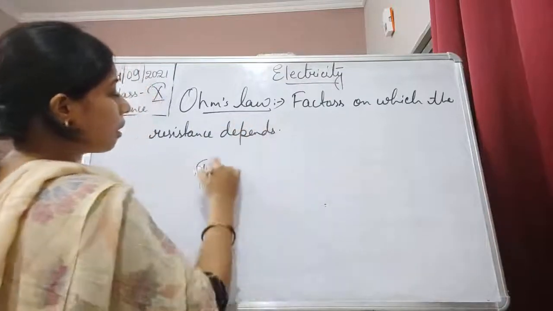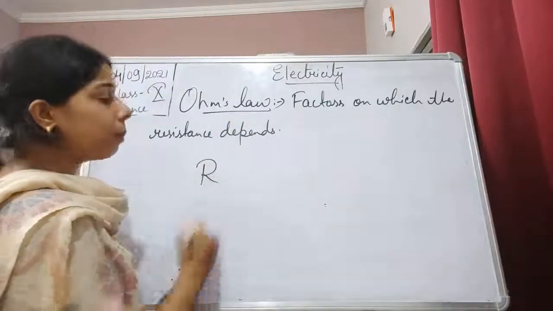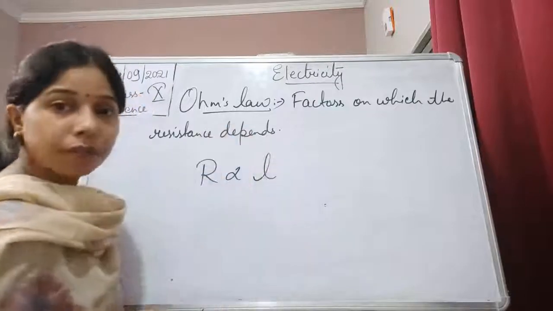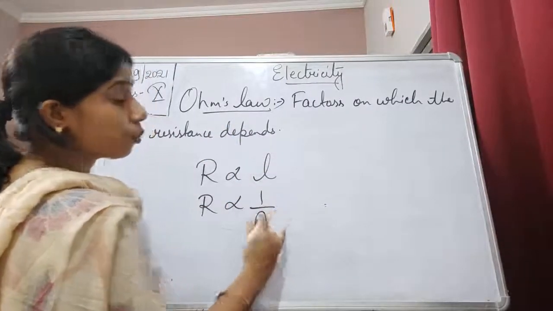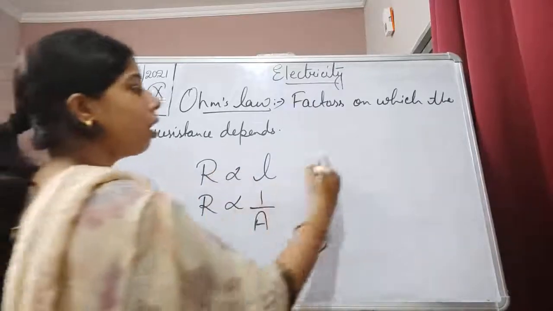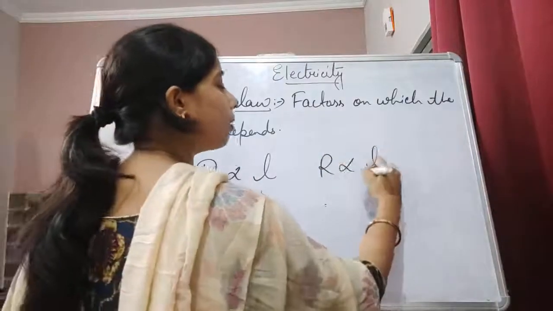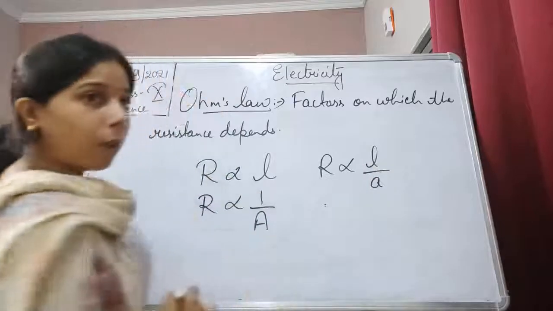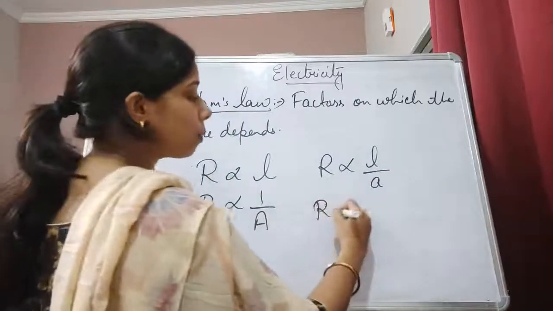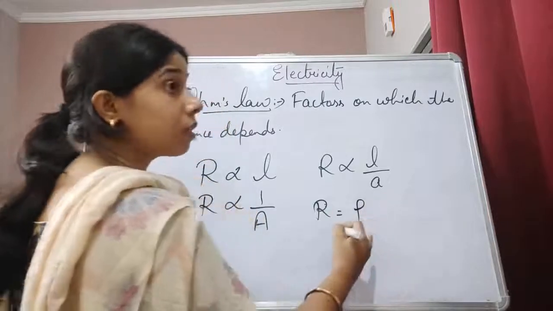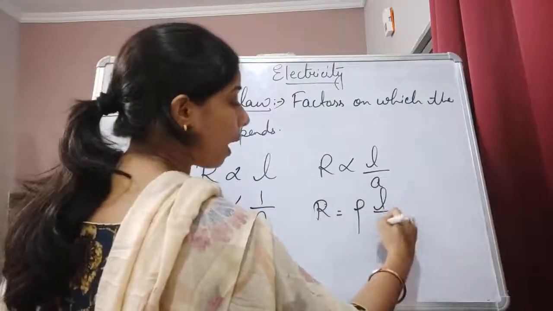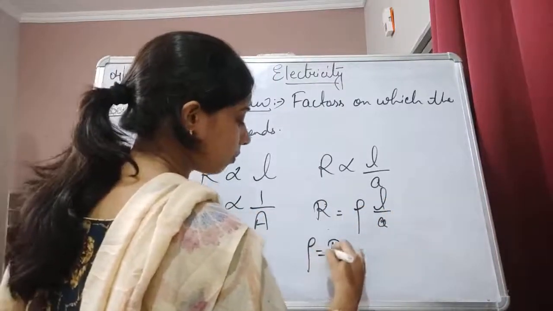Basically, resistance is directly proportional to the length of the conductor, and inversely proportional to the area of cross section. So we can say R is proportional to L upon A, and when we remove the proportionality sign, it becomes a proportionality constant, which is rho, called resistivity.